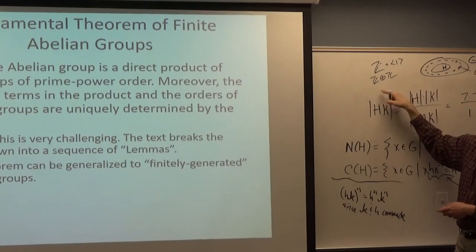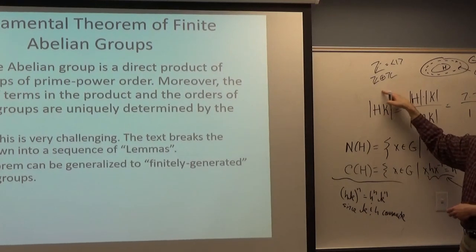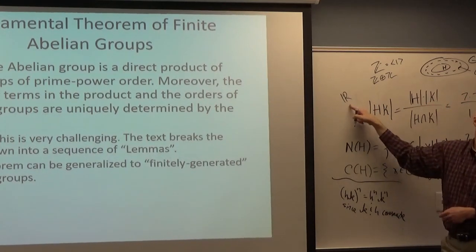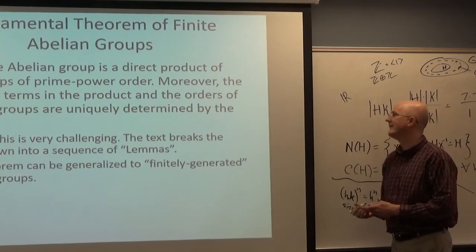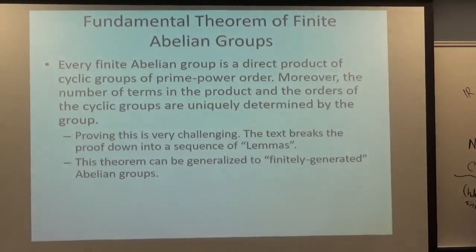This is the external direct product of finitely many infinite cyclic groups that are each generated by one element. It does not include things like R. That's not finitely generated. I'm not going to explain why. You can generalize it. But we in our text just focus on finite abelian groups.